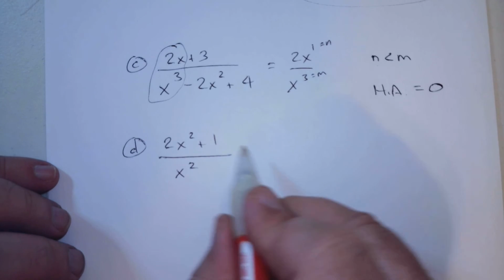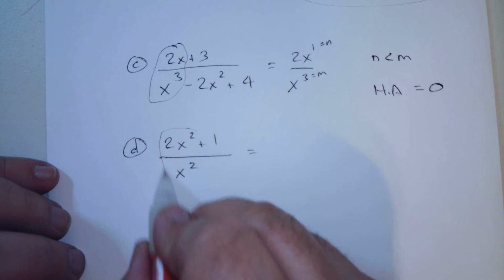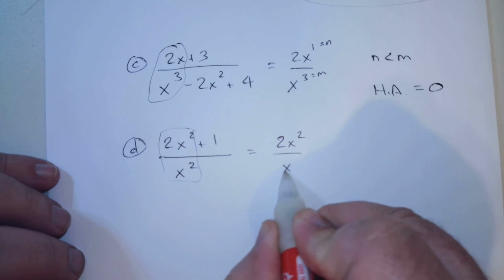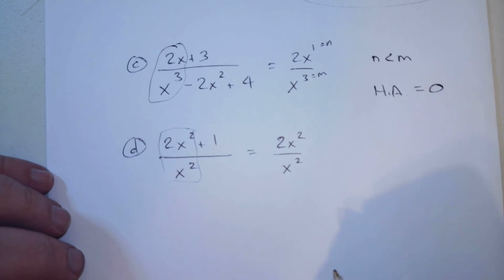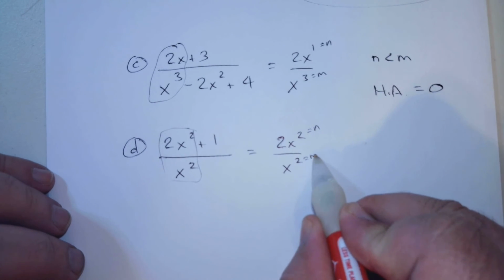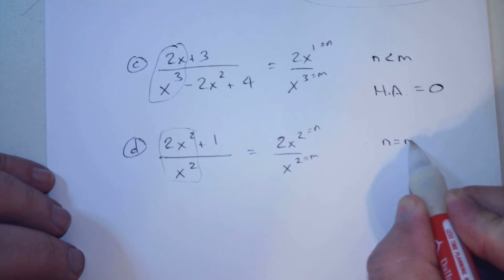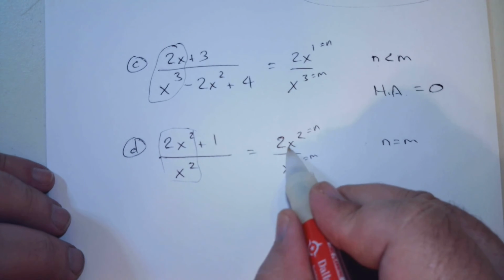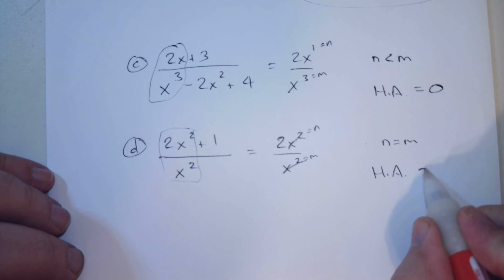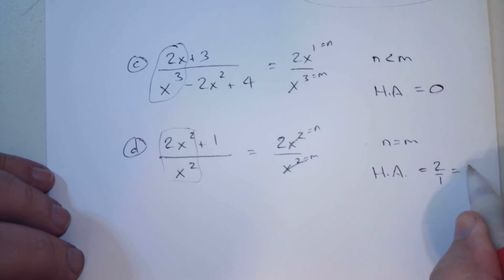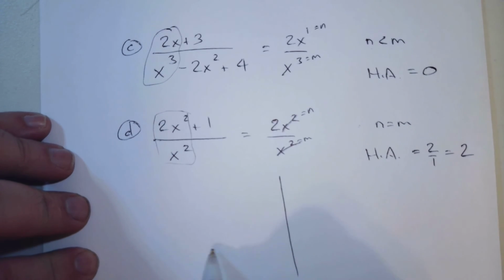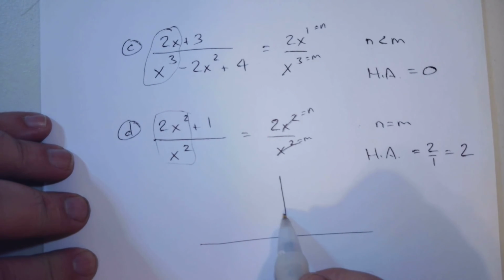Alright, so again, in this one, we want to look at the leading terms. So we have 2x squared over x squared. Since they're the same, this is n, this is m, and since they're equal, they cancel out. The horizontal asymptote is 2 over 1, which is 2.